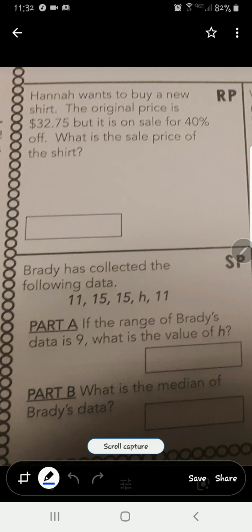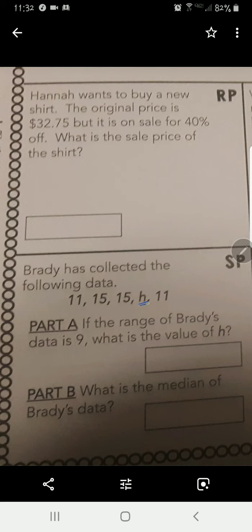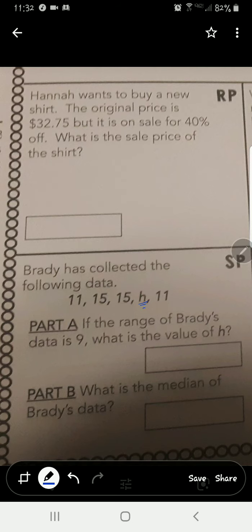Bradley has collected the following data: 11, 15, 15, h, and 11. If the range of Bradley's data is 9, what is the value of h? So let's set it up. We don't know what h is, but we do know the range is 9.